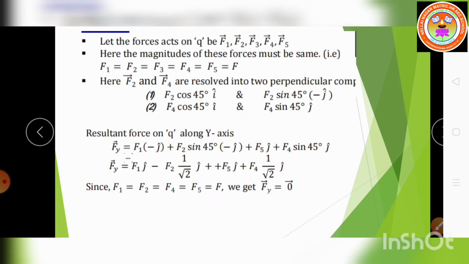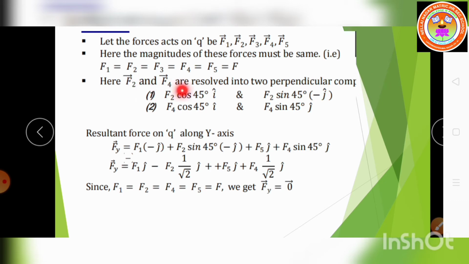Let the forces acting on the charge q be vector F1, F2, F3, F4, F5. The magnitude of the force must be the same because we have taken the charges q and Q and the distance is also equal on the semicircle. So F1 is equal to F2 is equal to F3 is equal to F4 is equal to F5 is equal to F. This resolution we already see in the diagram.